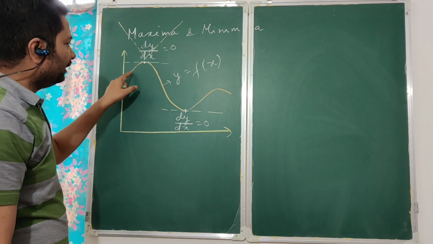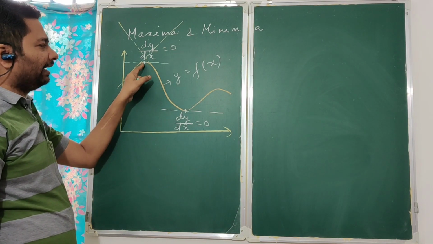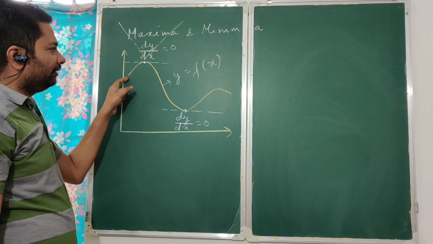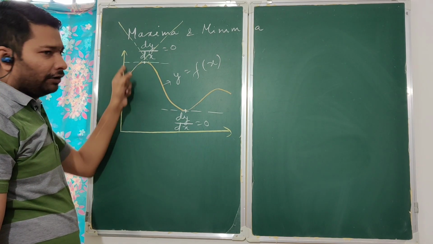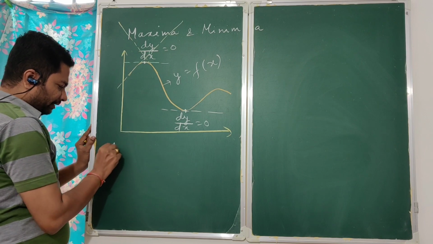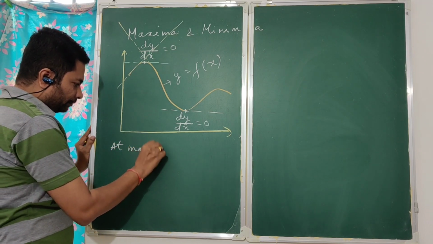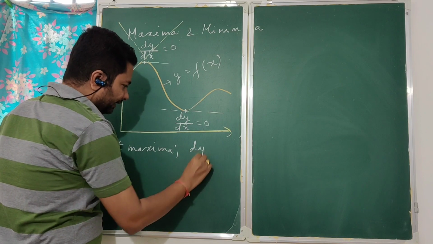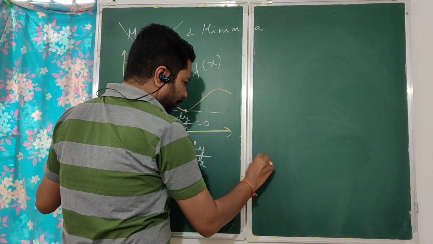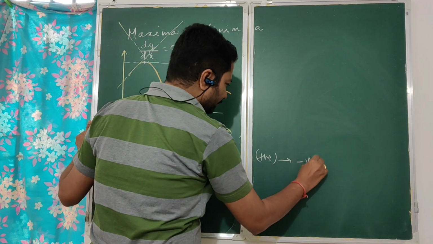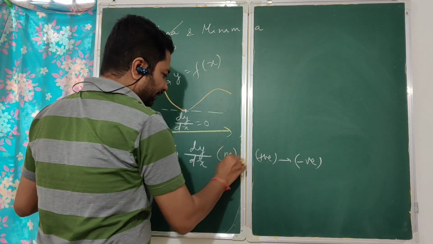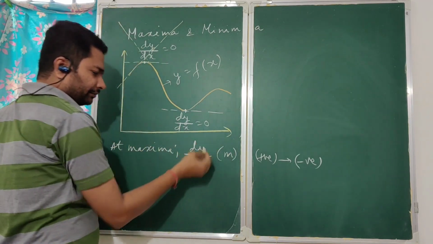So when the function is attaining its maximum value, the slope dy by dx is becoming negative from positive. So at maxima, dy by dx is turning from positive to negative. That is, the slope is turning positive to negative. Correct?